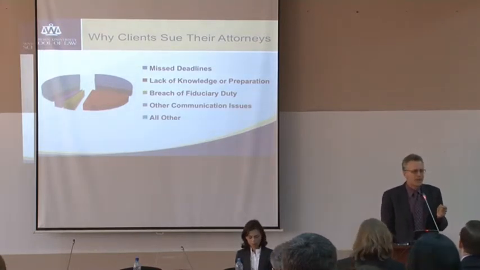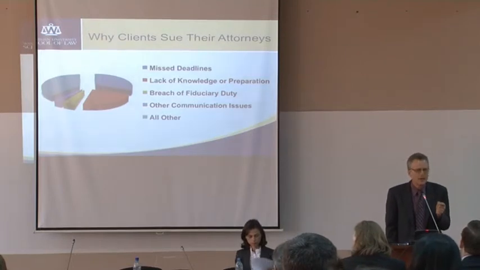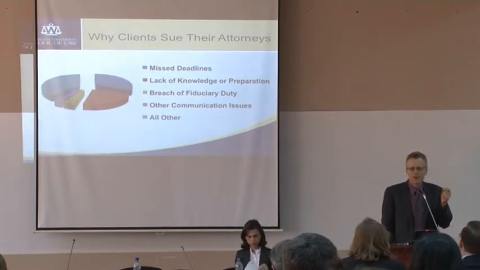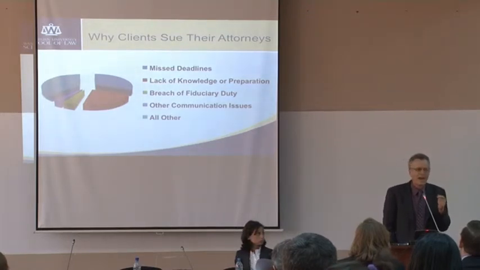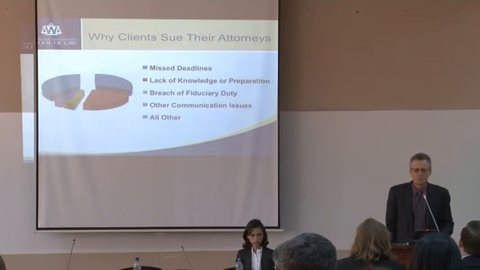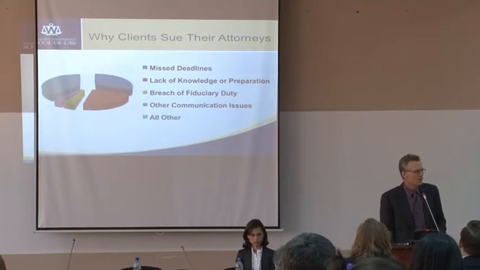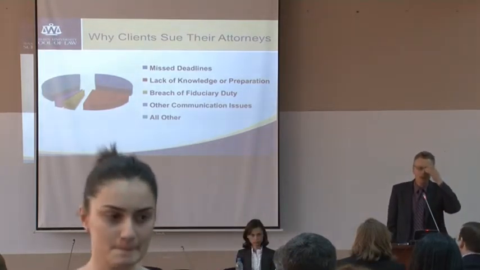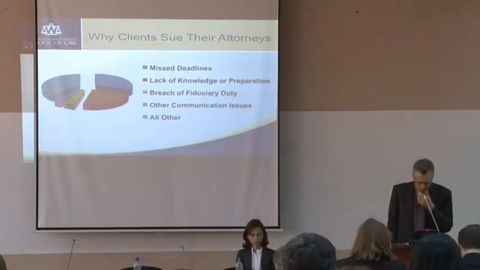About 5% of claims are breach of fiduciary duty, loyalty, candor, those protecting the client's secrets. About 3.5% of the claims are based on communication issues, and all the other kinds of things that lawyers might mess up make up the others, about 40% of claims brought in the United States. And this is based on data from 2010.